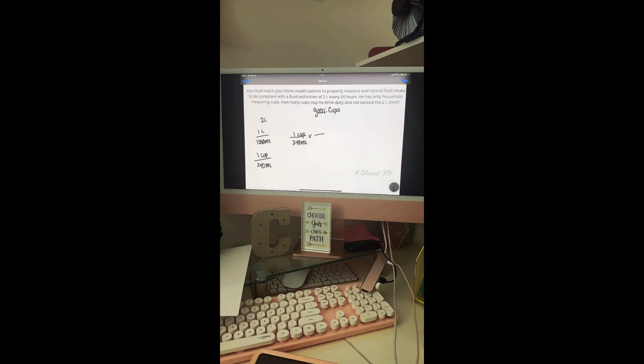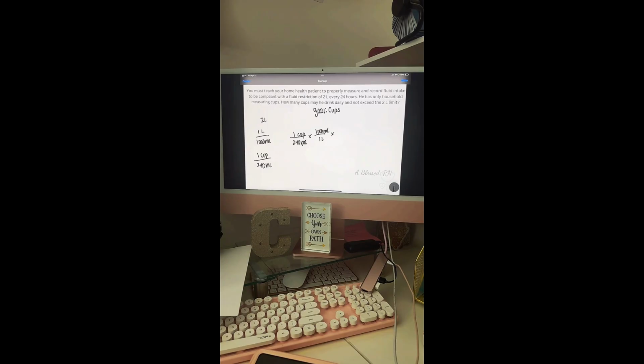So now what's next? If we have milliliter on the bottom, what is our next puzzle piece? Exactly. So the 1,000 milliliters is 1 liter.